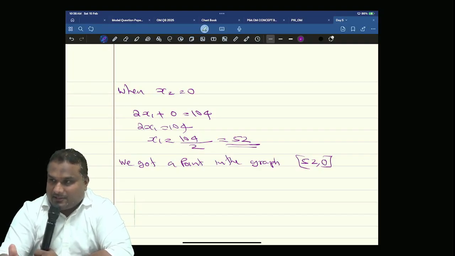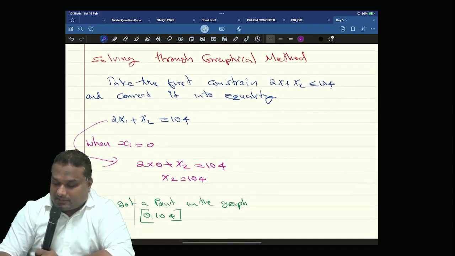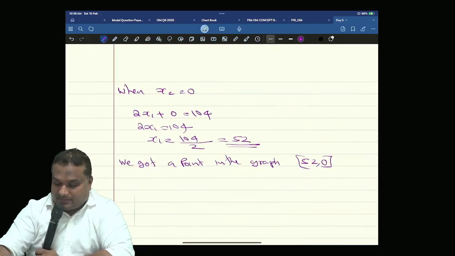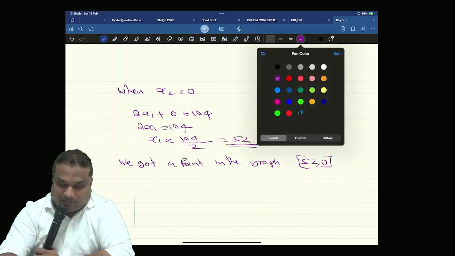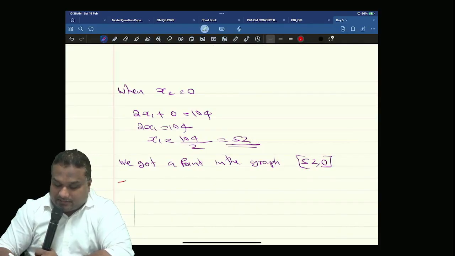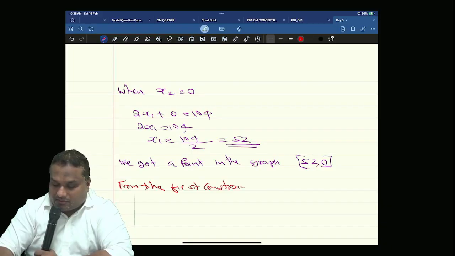So on the bottom, listen, we got 2 points, correct? From the first constraint, we got 2 points in the graph.